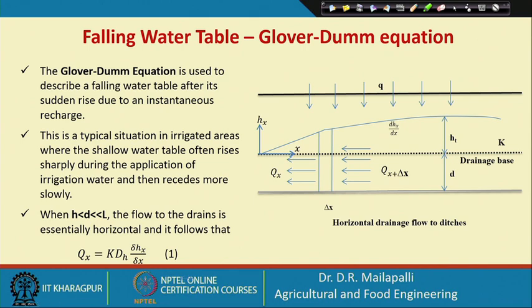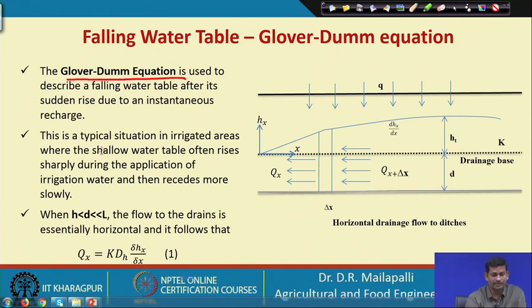This is observed during irrigation, when you are applying irrigation or when the water table has suddenly fallen down. So, the Glover-Dumm equation will be used to simulate the falling water table in the case of drains. The Glover-Dumm equation is used for the falling water table after a sudden rise due to an instantaneous recharge.